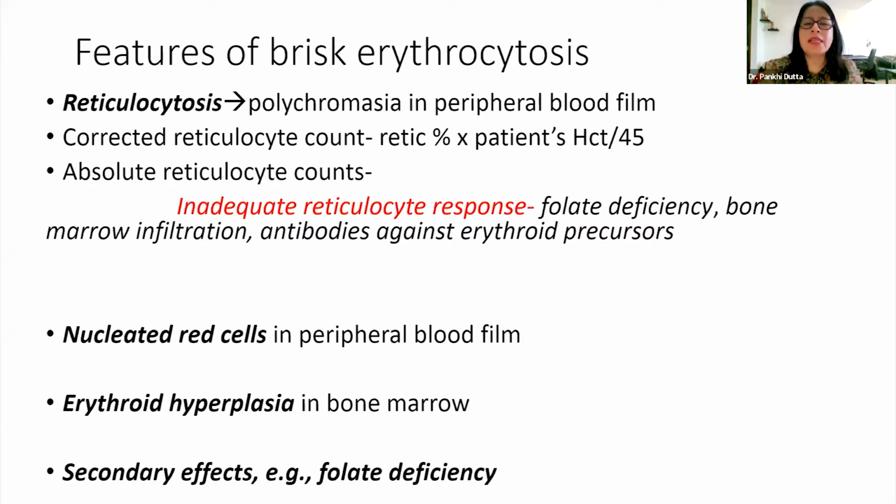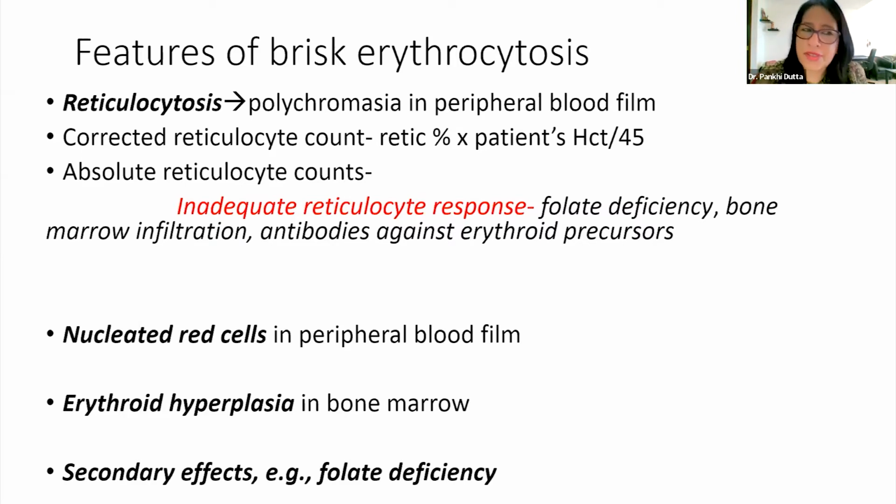Sometimes when the RBC count is low because of breakdown, the reticulocyte percentage may appear a little high. So that needs to be corrected. You have to take into account the patient's hemoglobin or hematocrit and correct the reticulocyte count. A better way, if one has an analyzer, is to get used to absolute reticulocyte counts.